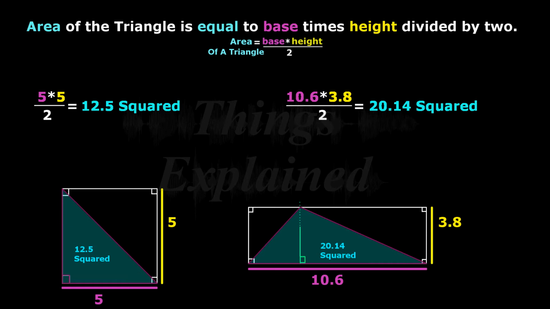For the triangle inside of our square, base length of 5, times height 5, divided by 2, is 12.5 squared, which covers exactly half of the square's area. For the triangle inside of our rectangle, base length of 10.6, times height 3.8, divided by 2, is 20.14 squared, which also covers exactly half of the rectangle it is inside of.